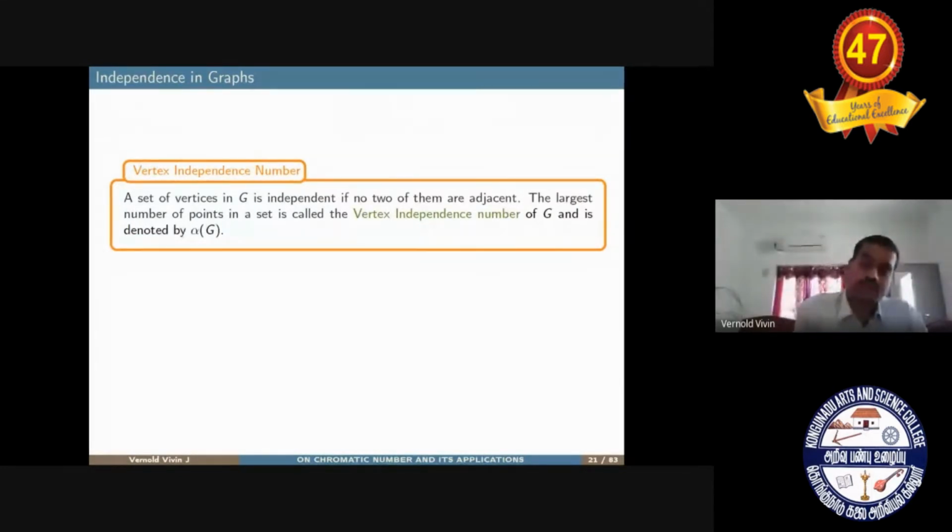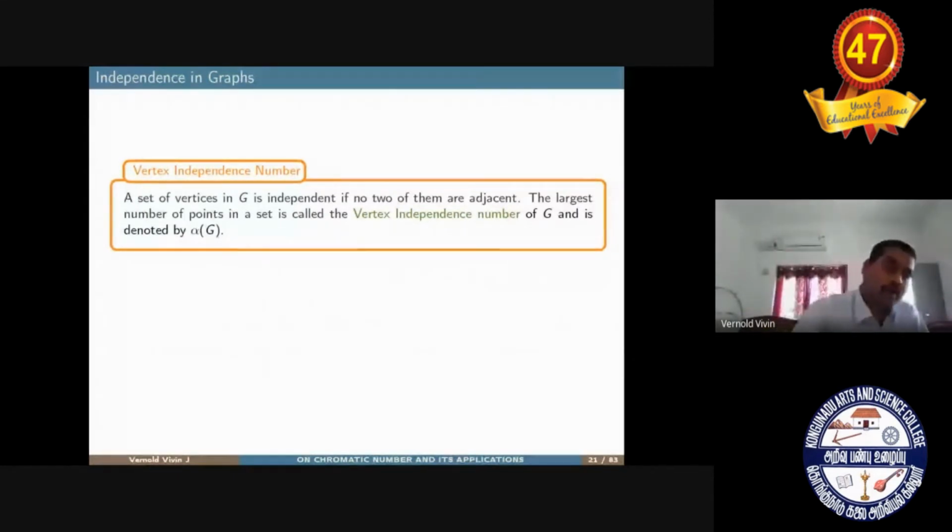First of all, it is the largest vertex set containing non-adjacent vertices, because no two vertices should be adjacent to one another. We collect the largest set of vertices from a graph G which has non-adjacent vertices. That is called the vertex independence number, denoted by alpha of G.